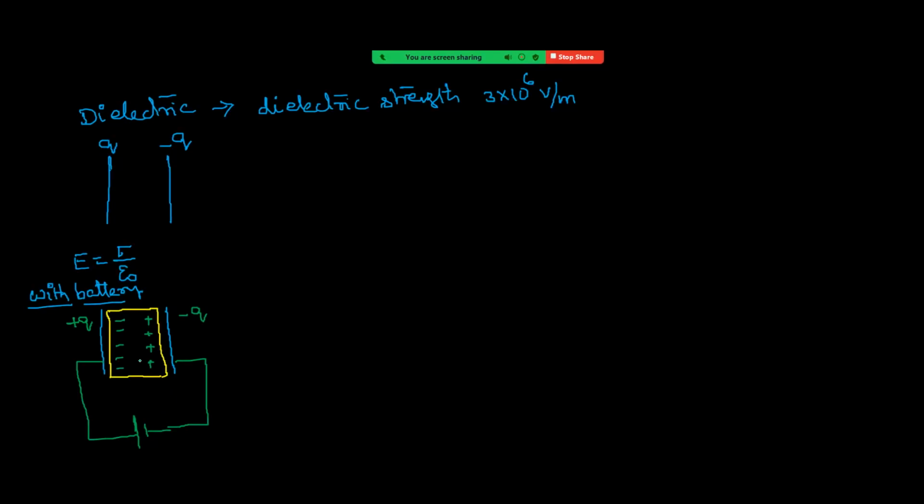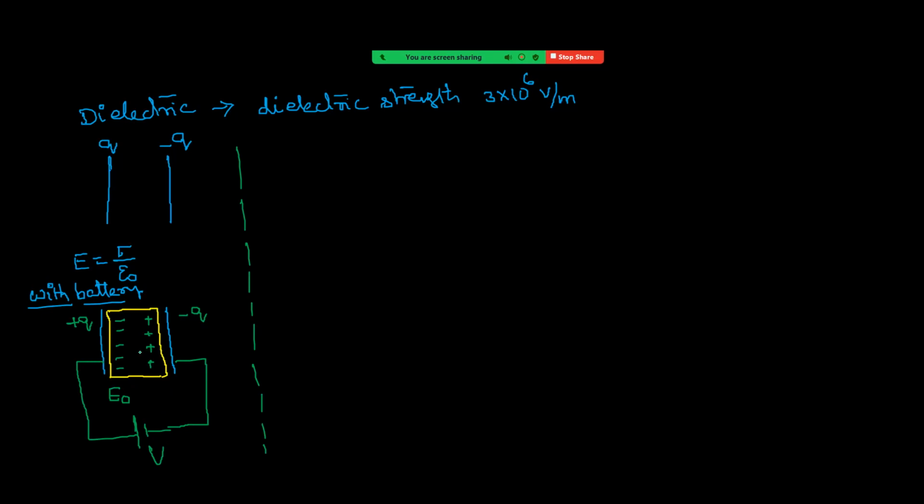Before placing the dielectric, the field was E naught. Okay. Now see what happens. Here the role of the battery is to maintain constant potential difference.